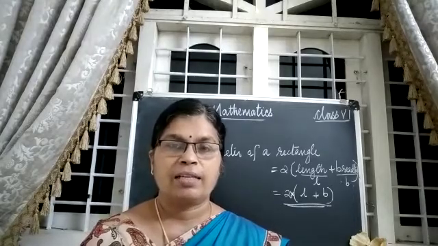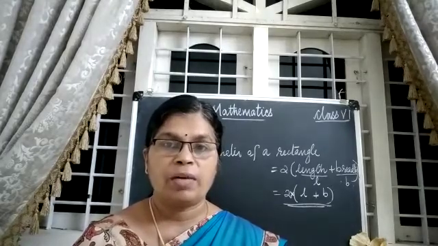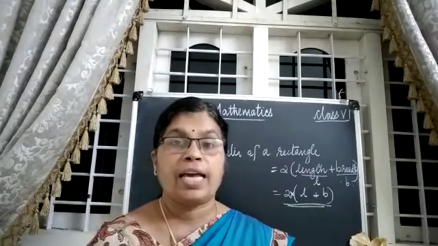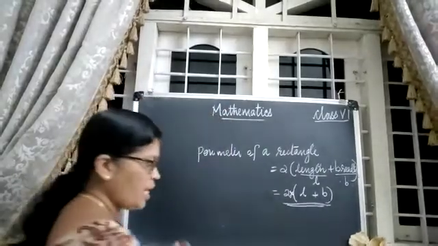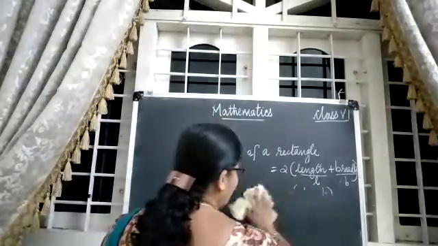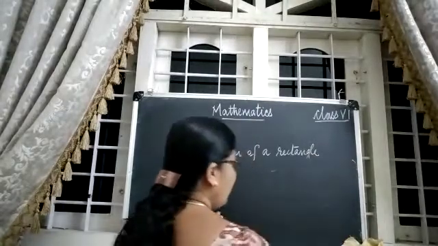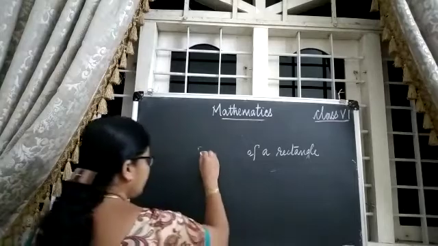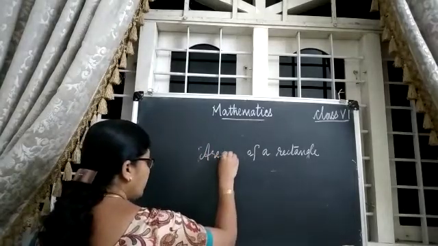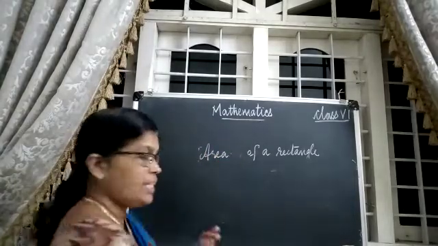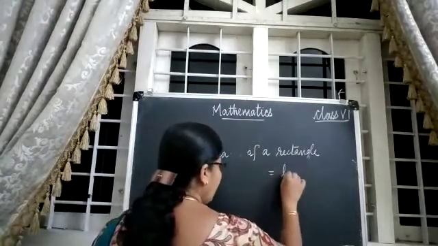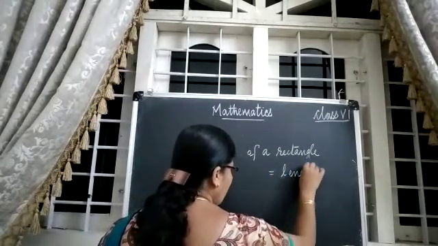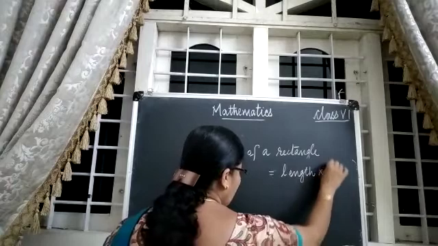So let us write the algebraic expression to find the area of rectangle. What was the area of rectangle you studied? Area of a rectangle is equal to length into breadth.